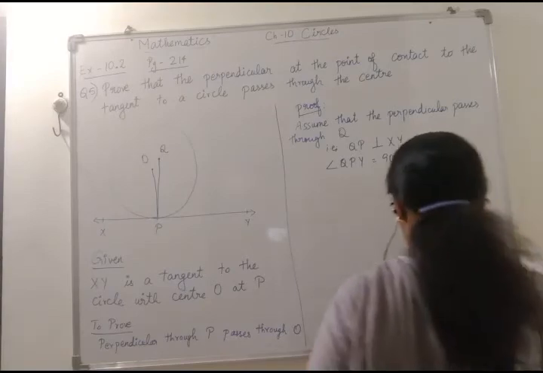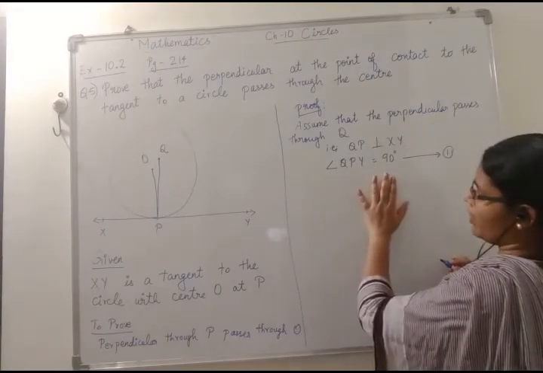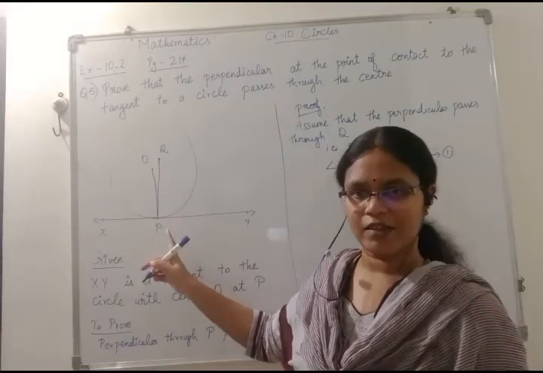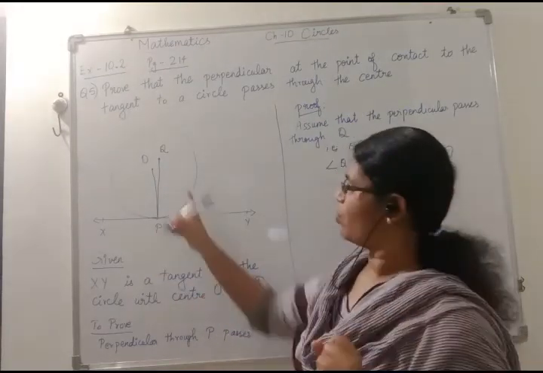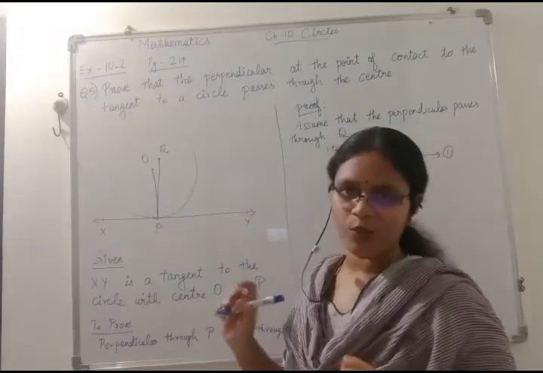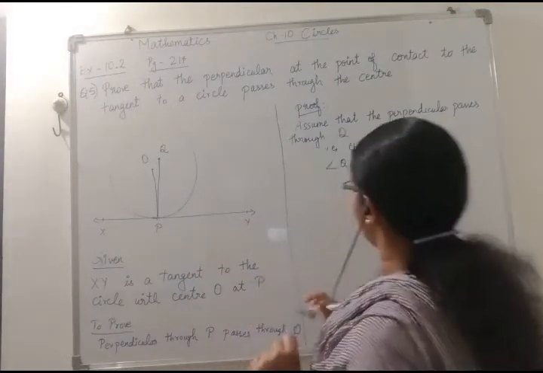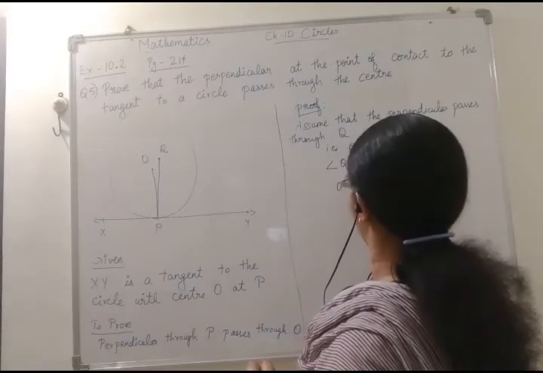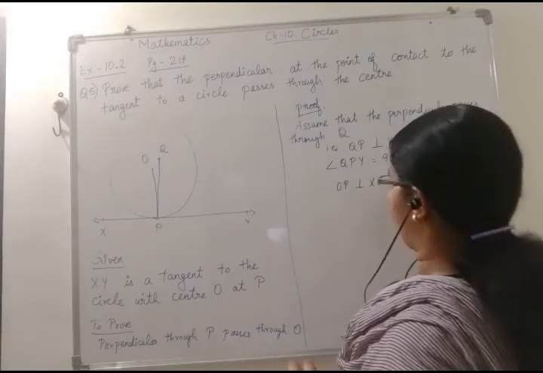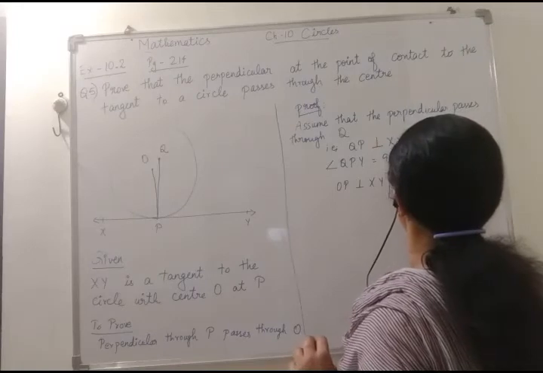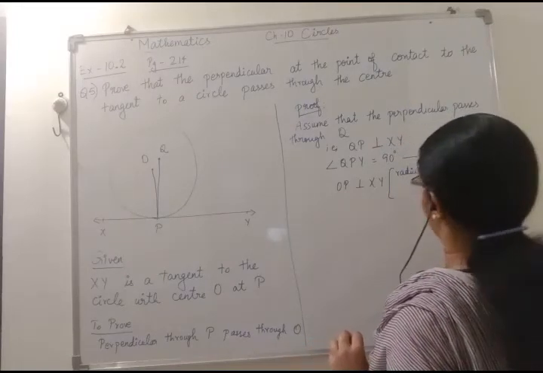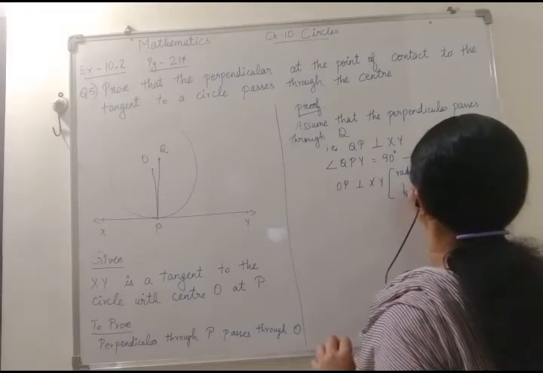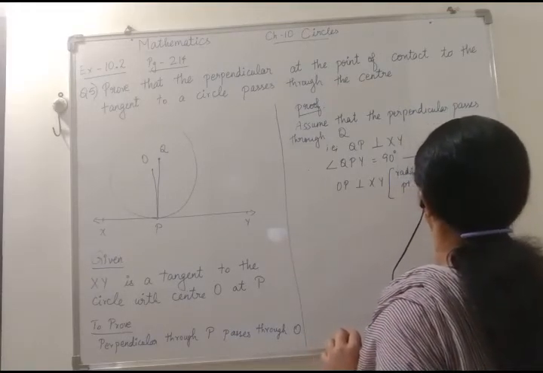This will be our first equation. Okay. Now O is the center. So OP is the radius. Now again from theorem 1, we know that OP is perpendicular to XY at the point P. Okay. So now OP is also perpendicular to XY because radius is perpendicular to the tangent at the point of contact.